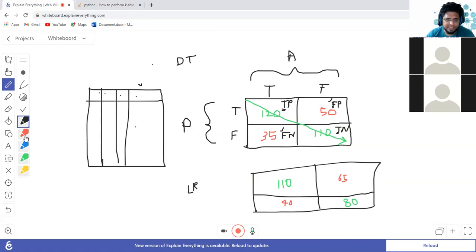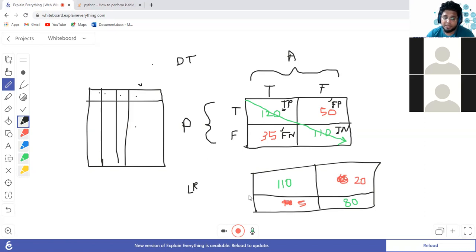But sometimes it can happen that this can be like 20 and this can be like 5. This can also happen. So then what to do? Here it shows that if I go by green boxes, then my decision tree is better. But if I go by red boxes, then my logistic regression is better.